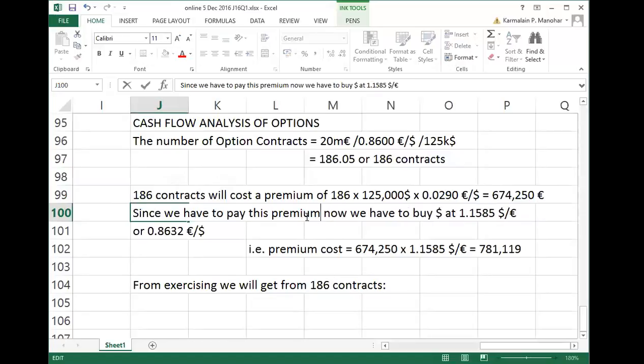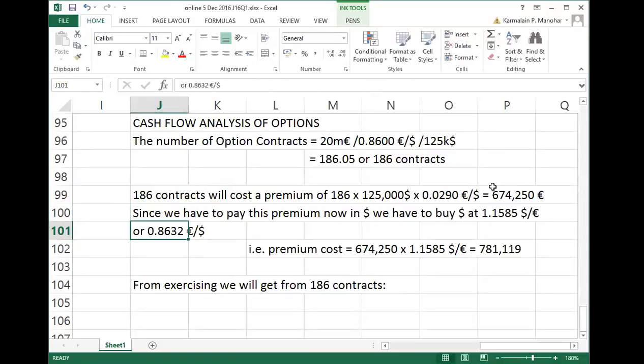Now that, however, is another funny thing. That, however, is the rule when you don't have contracts for dollars. But this time we have contracts for dollars and the premium was in euros. Maybe if you could have paid the premium in euro, it wouldn't have made a difference. But we're just following the methodology, which is what the examiner's answer did. So let's continue. Again, I'm sticking to my guns here. We have to pay this premium in dollars. We have to buy the dollars to pay the premium.